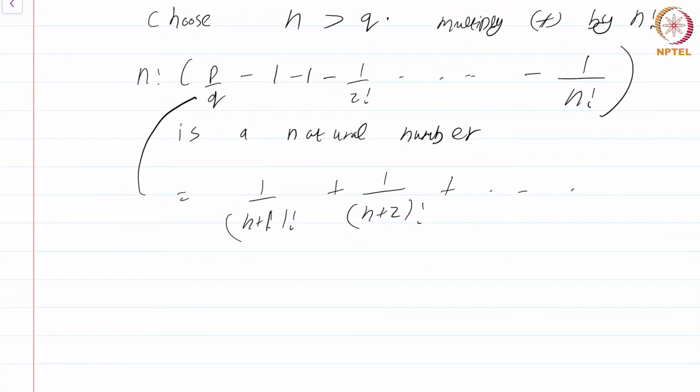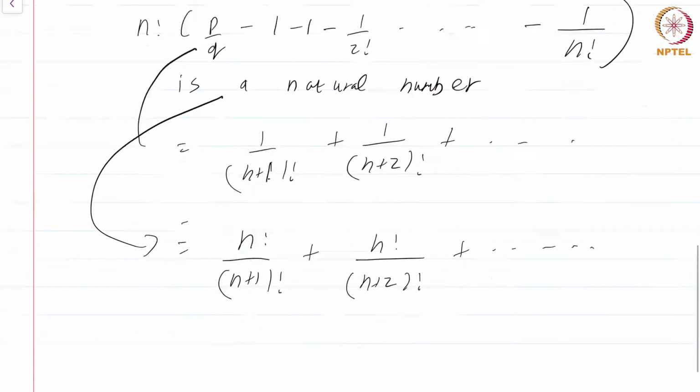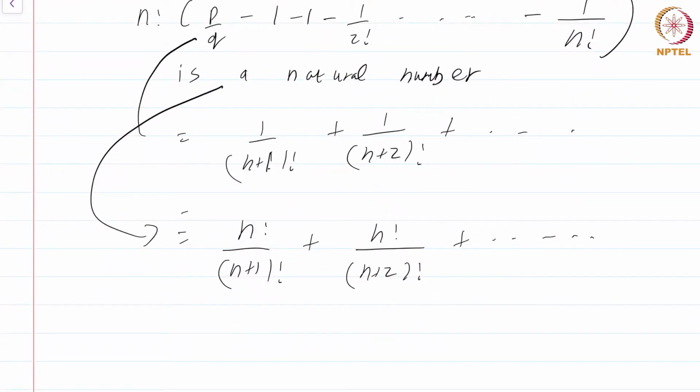Whatever this natural number is, it has got to be equal to n factorial divided by n plus 1 factorial plus n factorial divided by n plus 2 factorial plus so on, right? This is just because this original expression was equal to 1 by n plus 1 factorial plus 1 by n plus 2 factorial and so on.